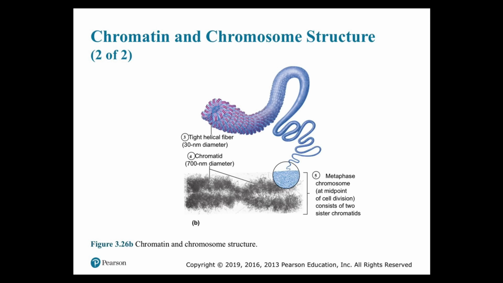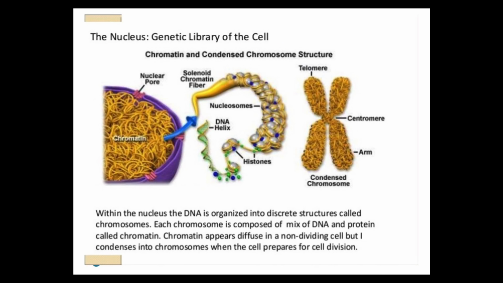And then when the chromosome is at the midpoint of cell division, called metaphase, it's made up of these two sister chromatids that are tightly packed together into this recognizable chromosome. So basically, on the left, you can see the nucleus containing the chromatin.